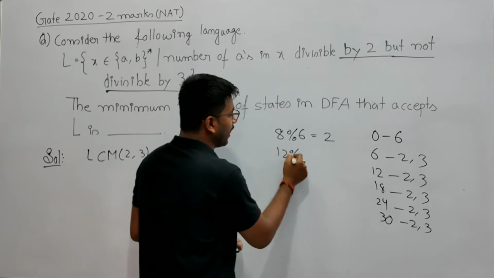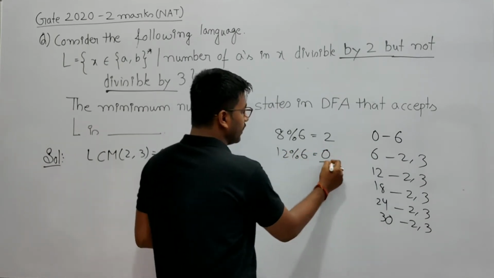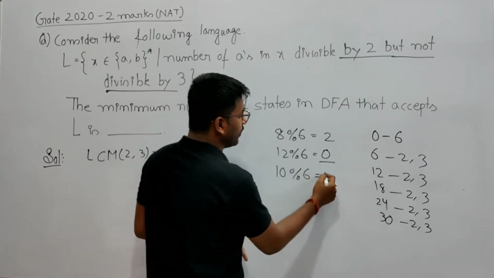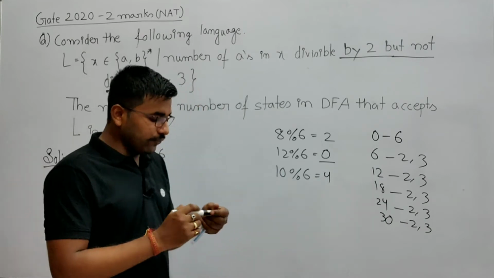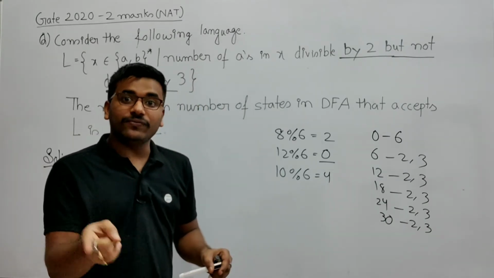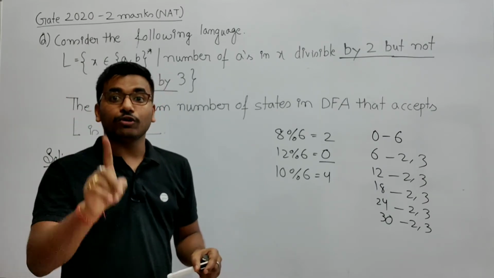Take 12, divide by 6, you get remainder 0, so it is divisible by both. Now take 10, divide by 6, you get remainder 4, meaning it is divisible by 2. So when you divide any number by 6 and the remainder is divisible by 2, that number is divisible by 2.